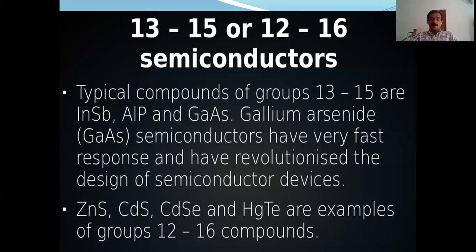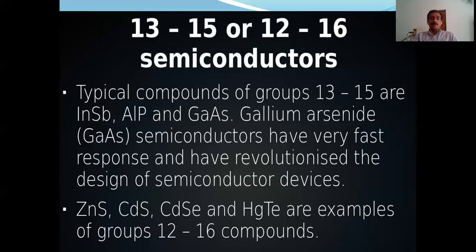So such research identified the semiconductor property of such compounds. For example, gallium arsenide is a very good semiconductor which has fast responses.